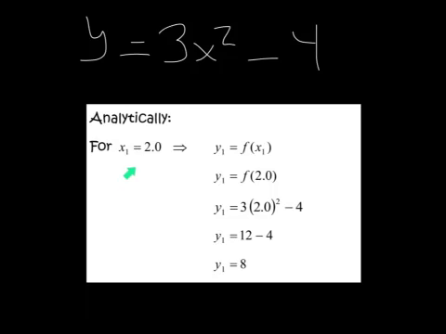So we have x1 equals 2. We have the function. You remember this notation, f of x1 means substituting x1, which is 2, in the function. So if we do 2 squared times 3, that's 4 times 3 equals 12 minus 4 equals 8. So y1 equals 8.